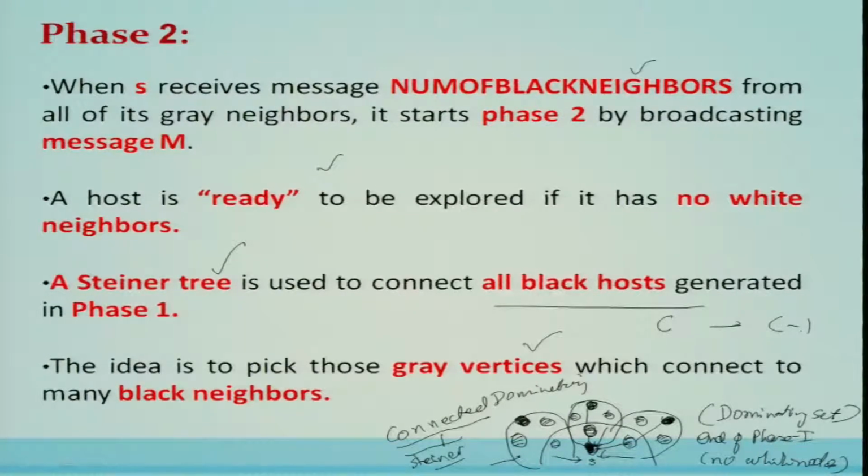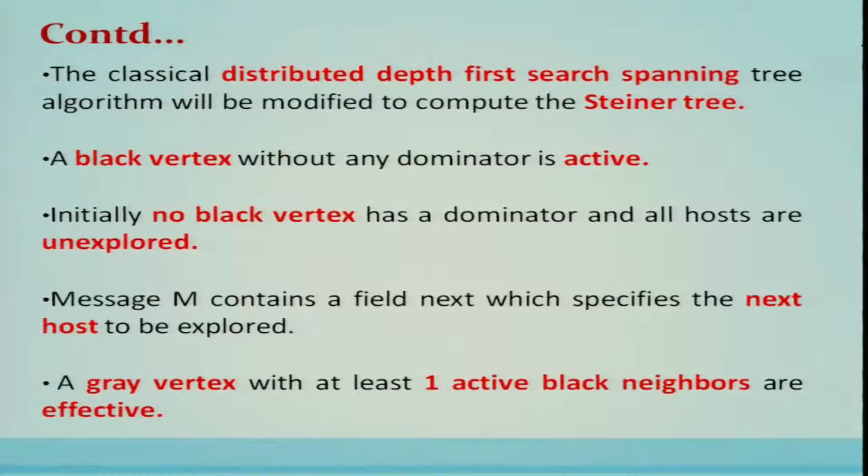That is C minus 1, because if there are n nodes, then the number of edges required to form a tree is n minus 1. So the Steiner tree will construct a maximum of C minus 1 node formation, and that is done through a modified, distributed depth first search spanning tree construction, and that is the phase 2 approach. Let us go ahead quickly about phase 2.